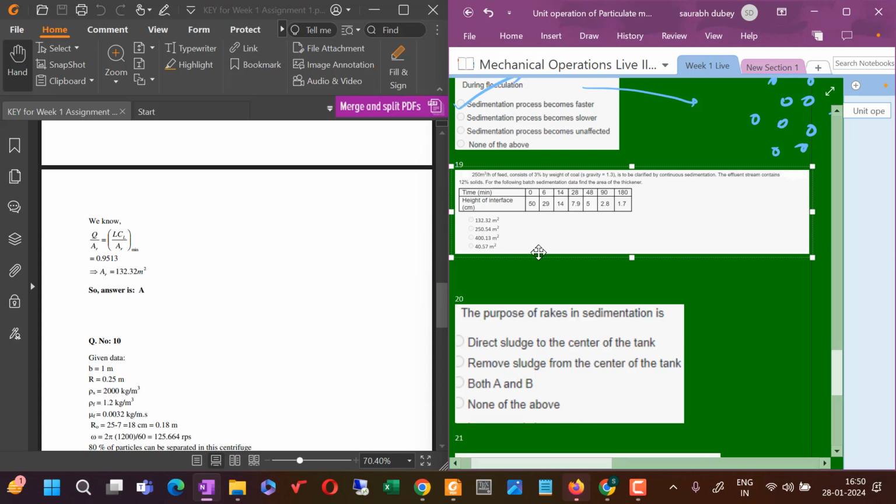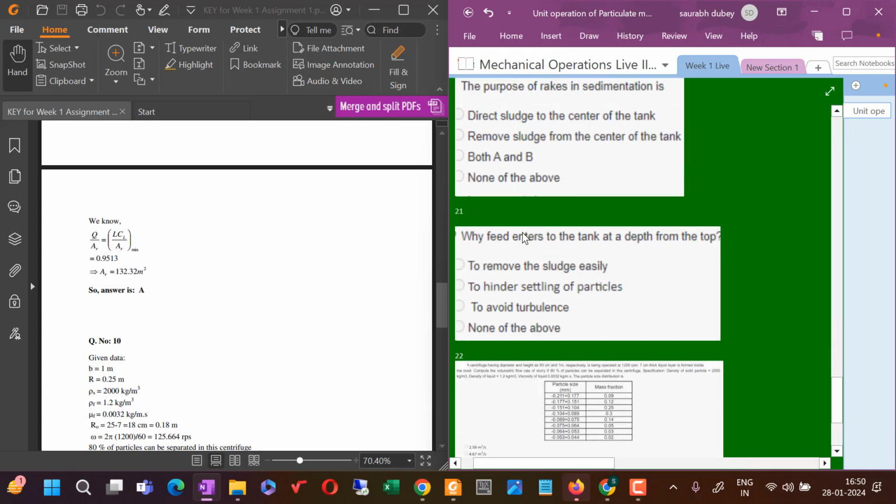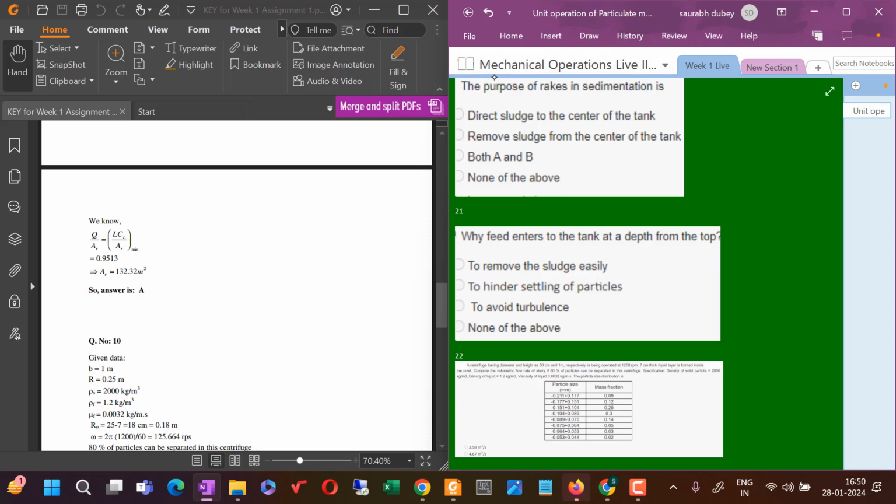So option A is the correct answer for the same. And now this one, we have solved it. This is the direct slush, and here this drop provides turbulence.